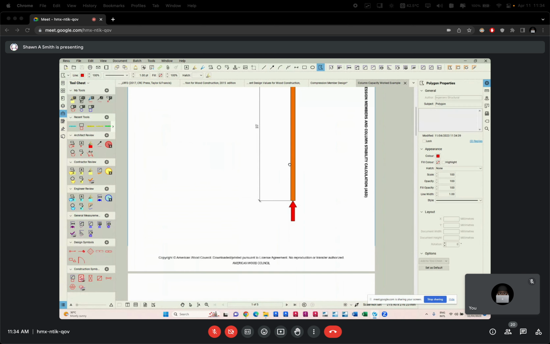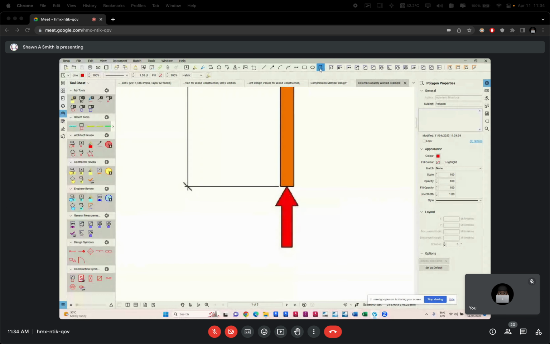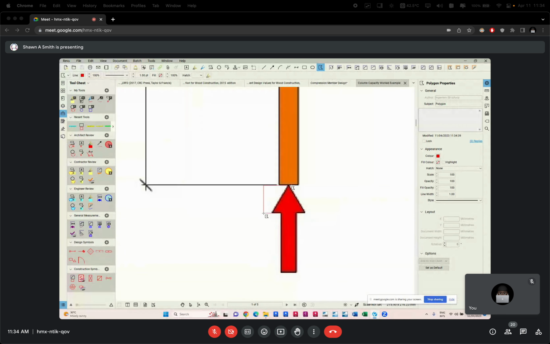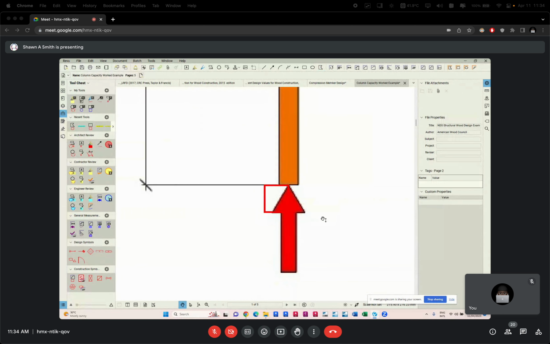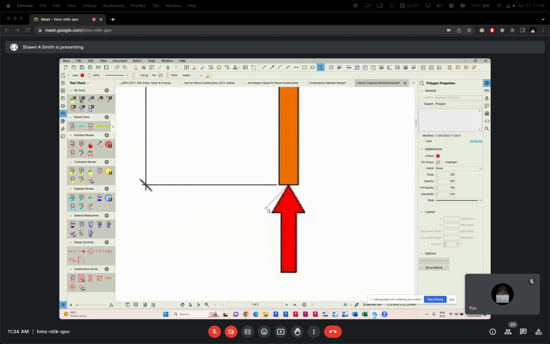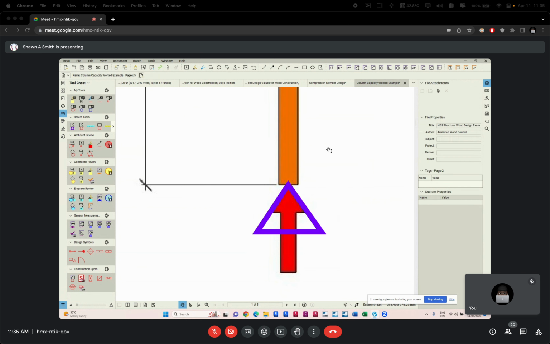So let's represent that. They have this arrow, but I prefer not to have an arrow there. I prefer to have the support that you guys are accustomed to. It should look like that. I'm going to change the color so that you can appreciate even more.